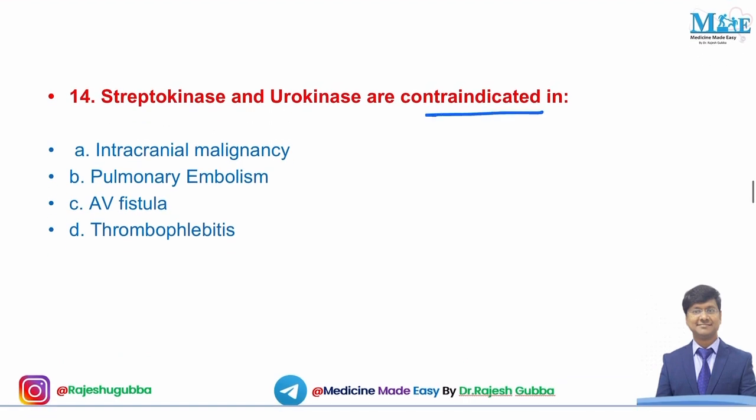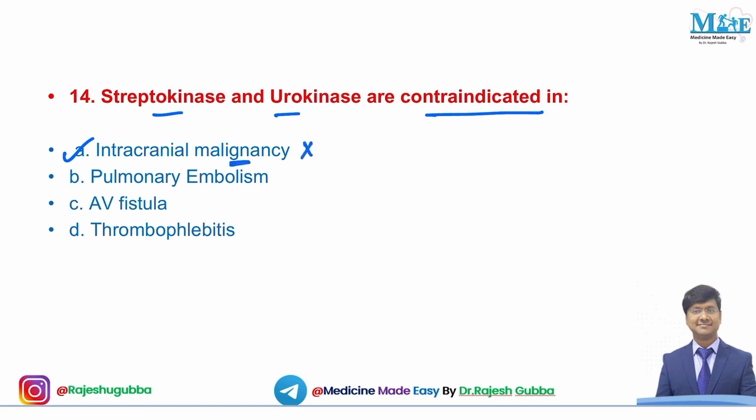Streptokinase and urokinase are contraindicated in, see, wherever there is increased tendency of bleeding, you should not do this thrombolysis. Among the options, intracranial malignancy, pulmonary embolism, AV fistula, and then thrombophlebitis. So you take in case of intracranial malignancy, this malignant tissue, it is highly vascular, and whenever you do thrombolysis, this malignant tissue can rupture and there can be hemorrhagic stroke.